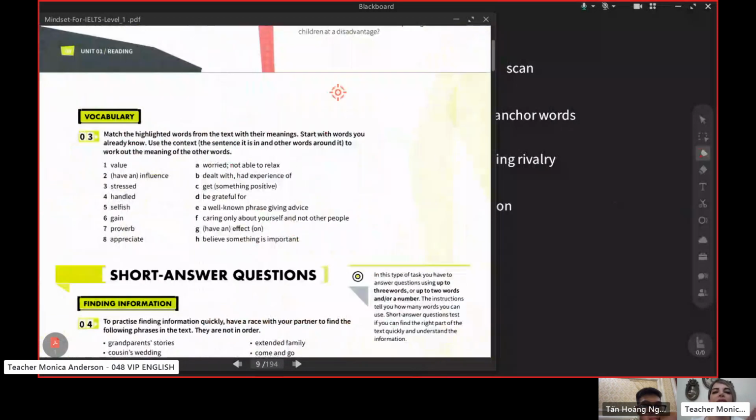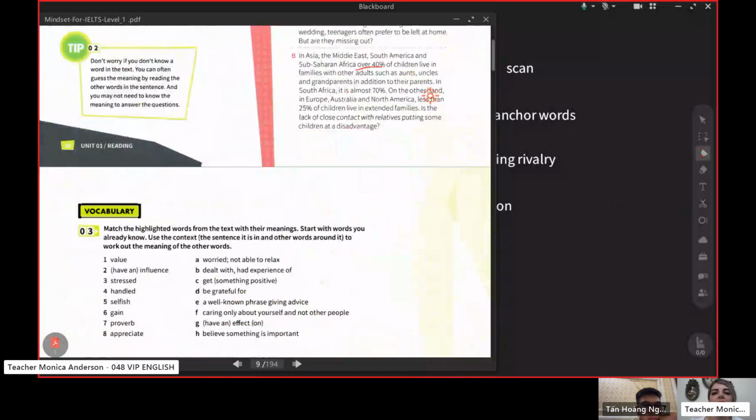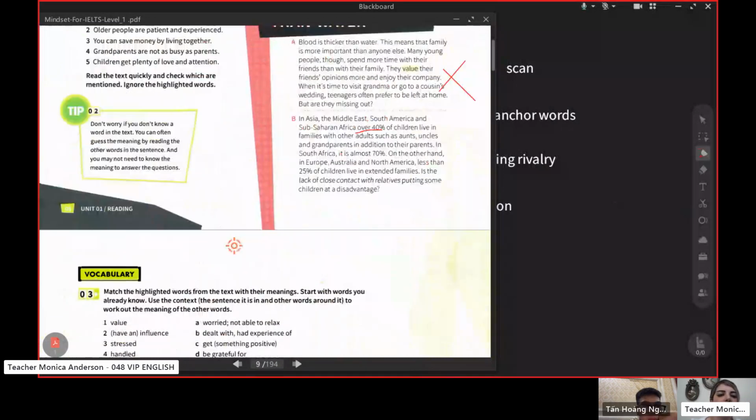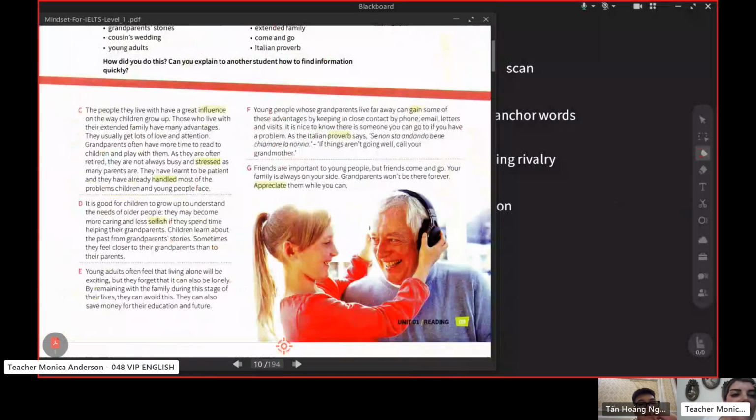So we don't have the answer in paragraph A. So let's go to the next one and try to find the keywords, grandparents and stressed, and which paragraph?